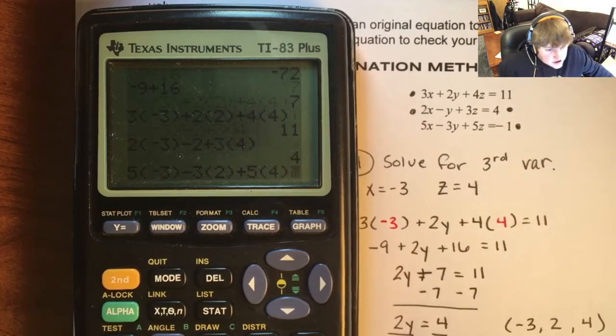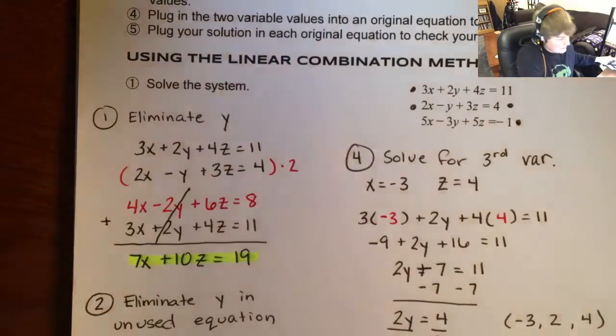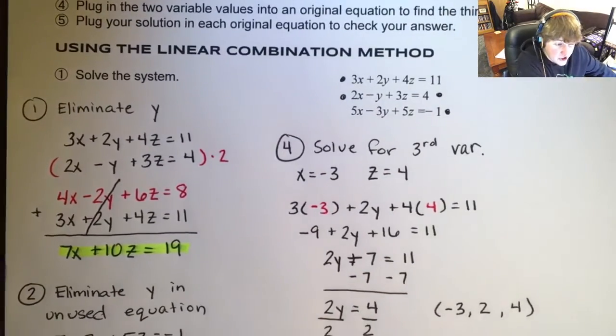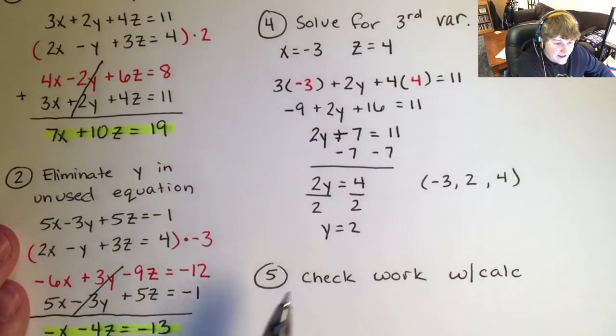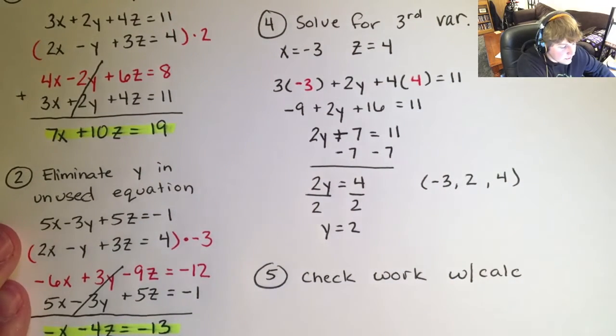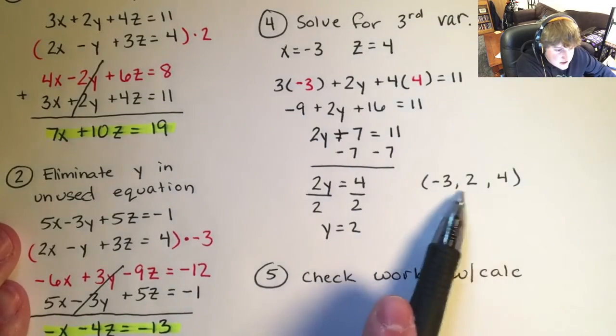Hit enter, and I should get negative 1. Okay, so I checked my work. All 3 check out for the same ordered triple. Again, we can just do it on the calculator. It requires way less work. And so what does that mean? That means this is my solution.